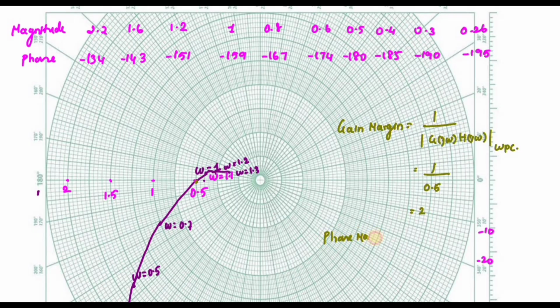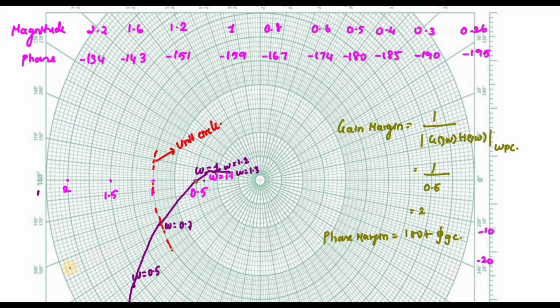Next one is phase margin. So the formula is 180 degree plus phi at gain crossover frequency, which is the phase value. So this is nothing but your unit circle, and this line cuts at the phase minus 159 degree.